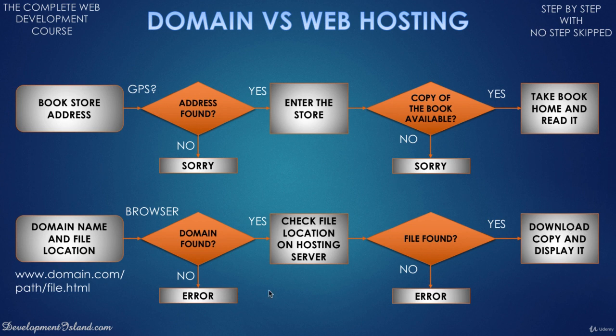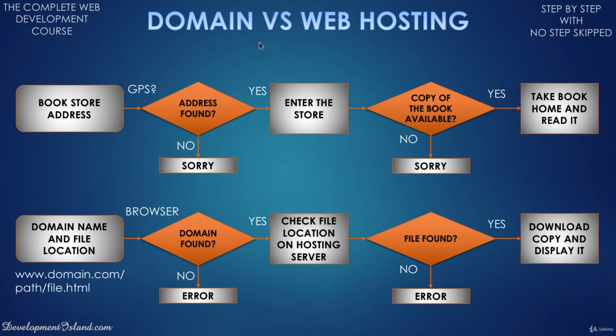And this is how it works. To summarize, a domain is like an address on the internet. Web hosting is like a store or a storage area where you place all your files and your web pages.